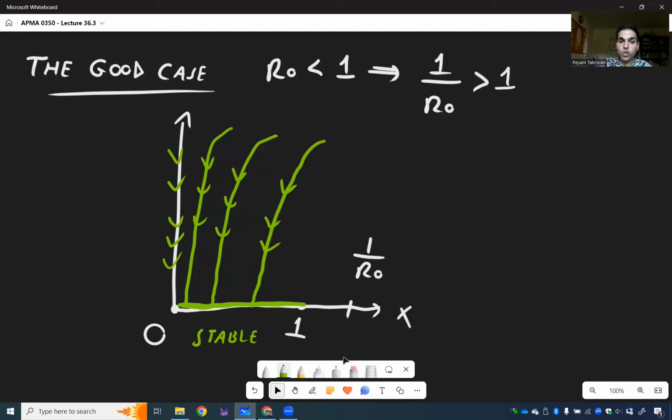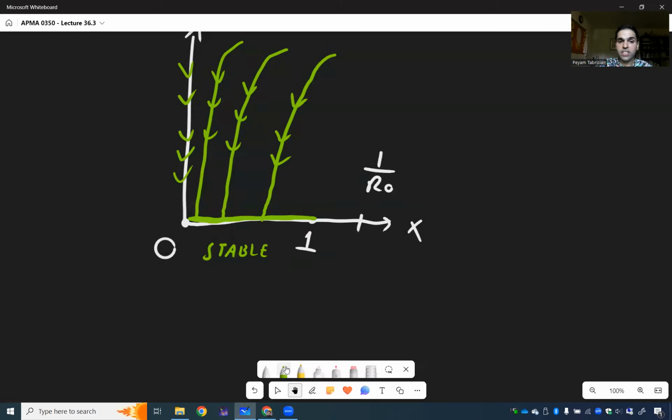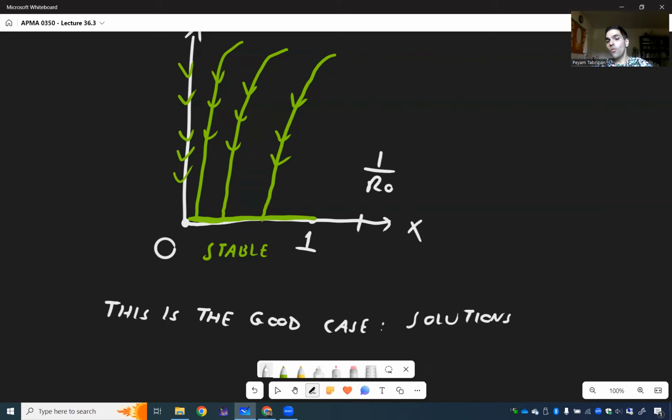And again, the interpretation is, this is the good case, because no matter where you start, solutions will eventually go to x comma 0.